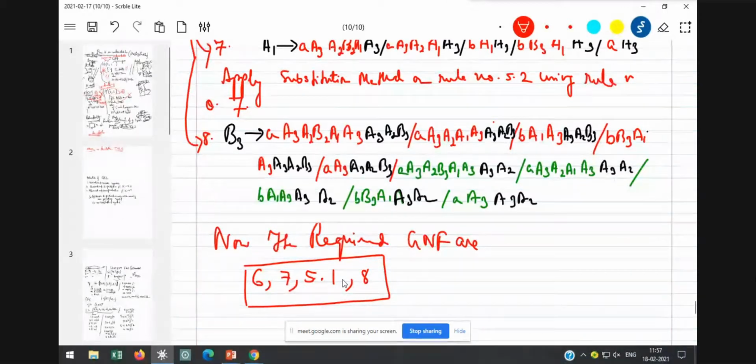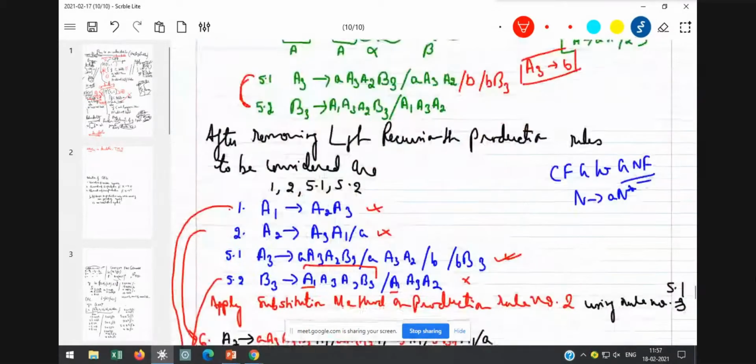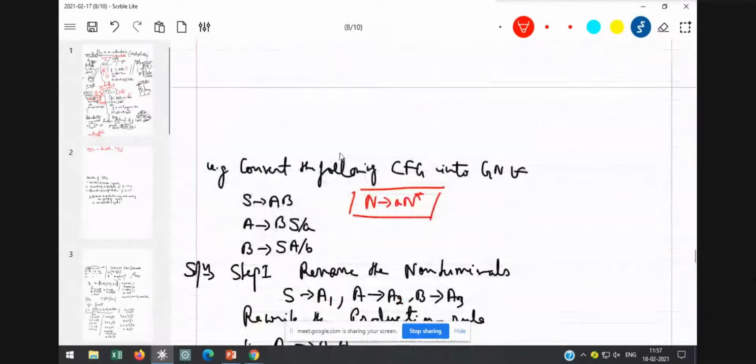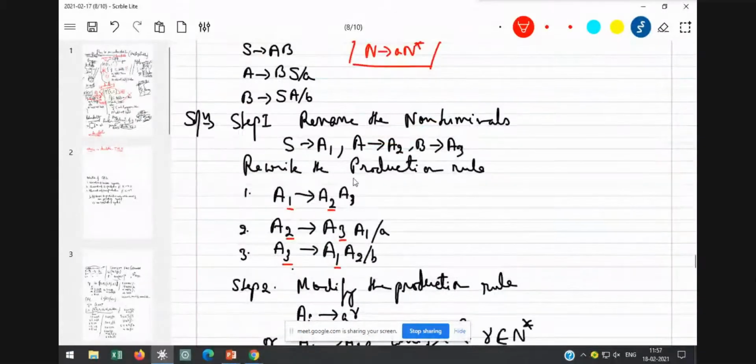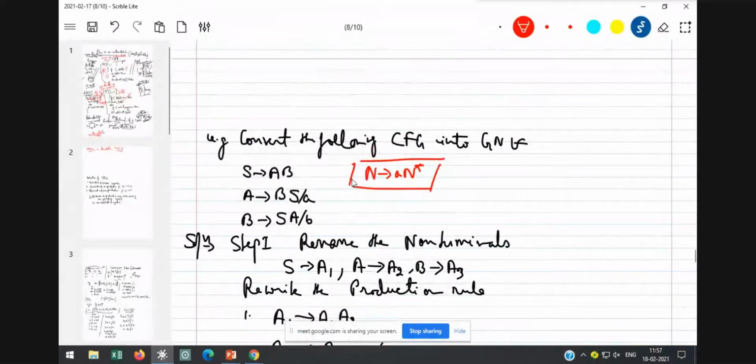Now let me summarize this in short from the beginning. At the beginning, I considered one example for converting a CFG into GNF format. Before I proceed with GNF format, I checked whether the given CFG is in CNF form or not.